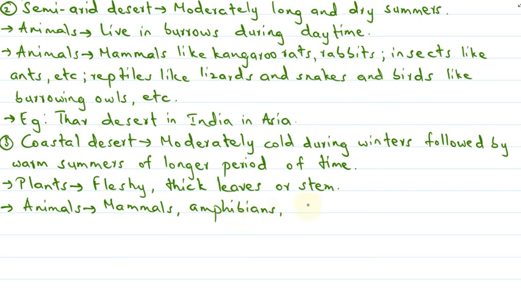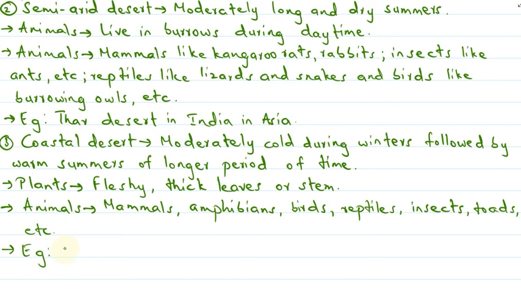Mammals, amphibians, birds, then reptiles, insects, toads, etc. These can be found most commonly in coastal deserts. For example, the Atacama Desert.